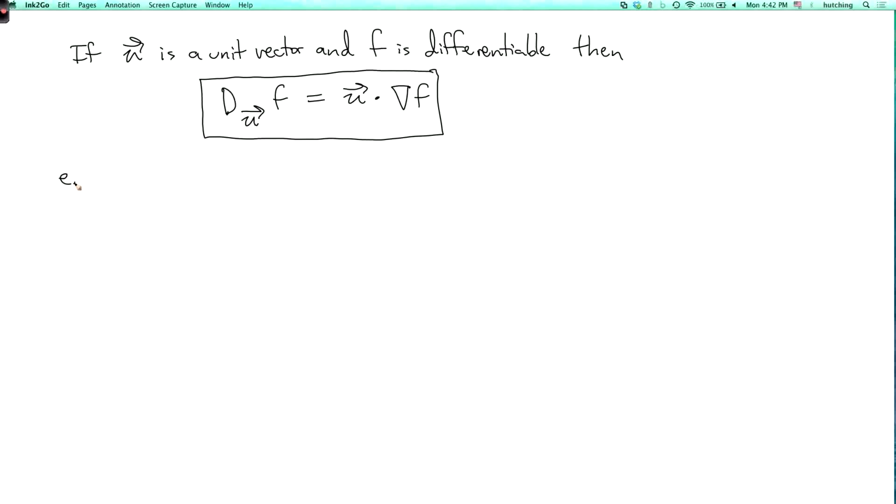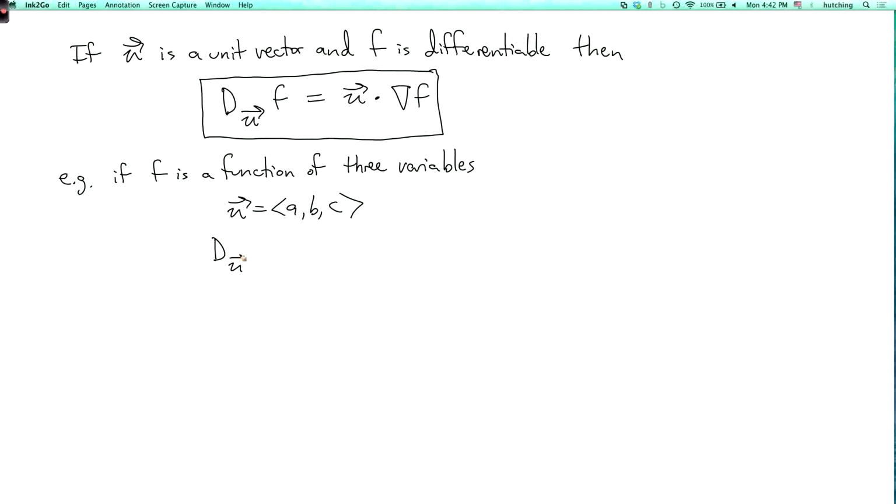So let's look at this in three variables. Okay, so let's say that u is the vector abc. Then we know that the directional derivative in the direction u of f is equal to a f_x plus b f_y plus c f_z.